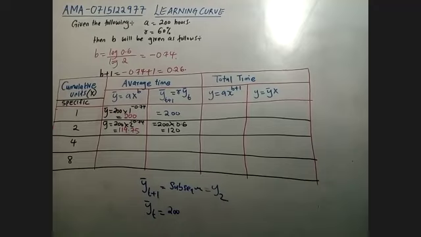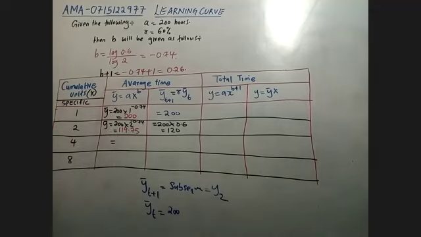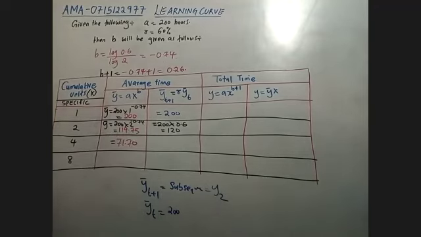So 71.70. Are you getting 71.70? Anne, I'm waiting for yours. Now, Jane, so that we see if they are the same.